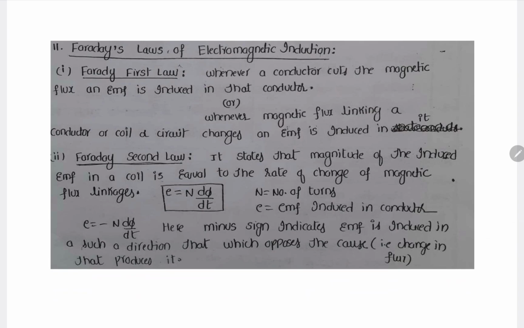Now here we'll discuss very important concepts which are useful in our electrical machines, that is Faraday's laws of electromagnetic induction, Faraday first law and Faraday second law. This Faraday first law will tell us how the EMF is induced in the circuit, how the voltage is induced in a coil.